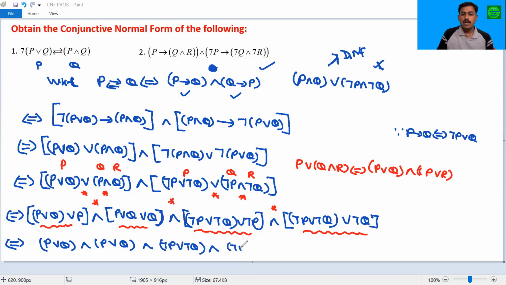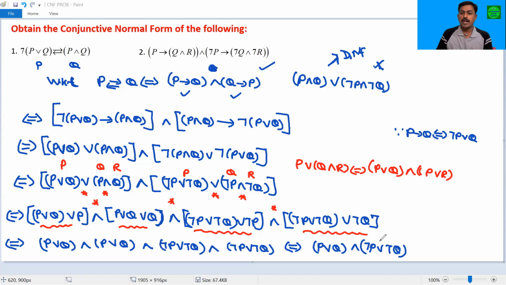I can write only one not Q using the idempotent law. Now if you observe, two terms are there, using the idempotent law we can write only once, and therefore I can write one P or Q and not P or not Q. So this is our required conjunctive normal form.